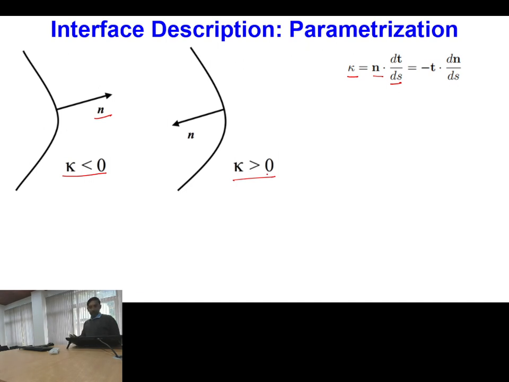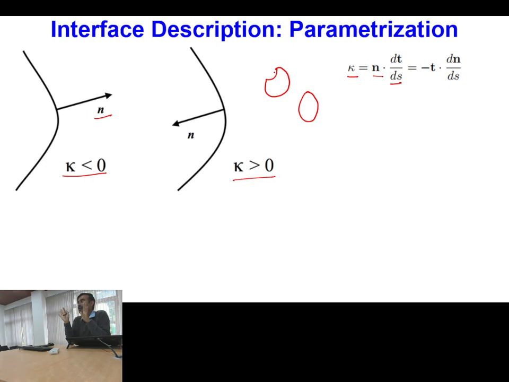Using a unit normal vector always away from the interface may give difficulty when we solve multi-phase flow problems, because sometimes the shape of the interface may be like this, sometimes like this. At different locations, if fluid 1 and fluid 2 are swapping with each other, then the definition of the normal becomes confusing.